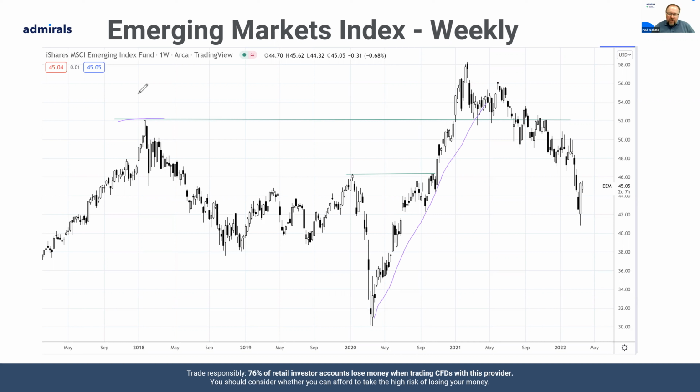Here on the emerging markets, we had a bit of a double top, didn't we? Before what we've seen over the last year is the emerging market index just dropping away, and you can see that has accelerated over the last few weeks. And a lot of that will be linked to the conflict we see in Eastern Europe.